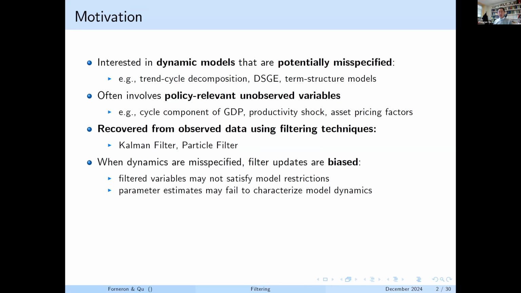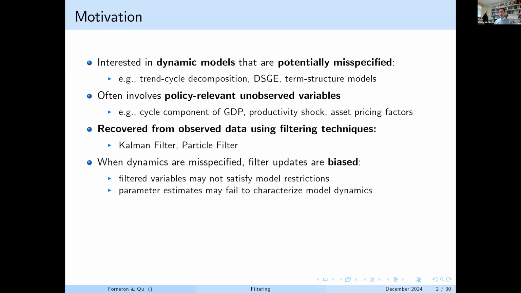So the starting point of this paper is a very simple observation, which is that when dynamics are misspecified, filter updates are biased. This has 2 consequences. The first is that the filtered variables that we extract using the particle filter or Kalman filter may not satisfy model restrictions.